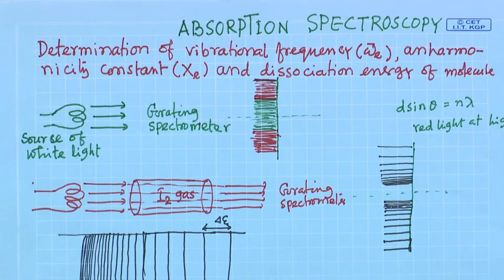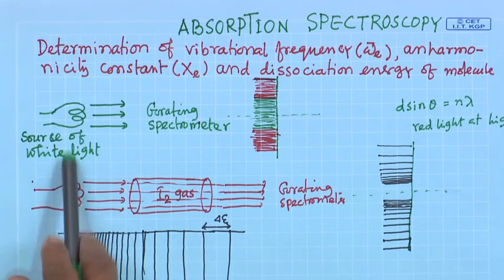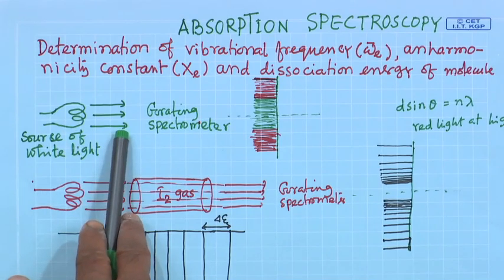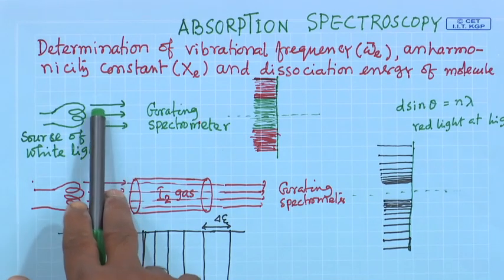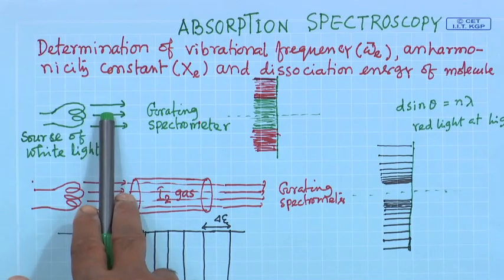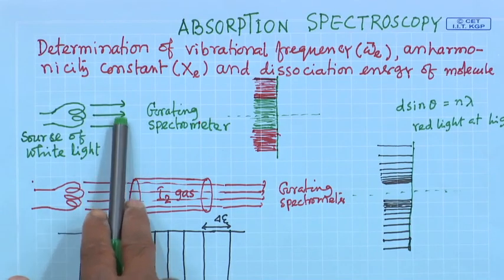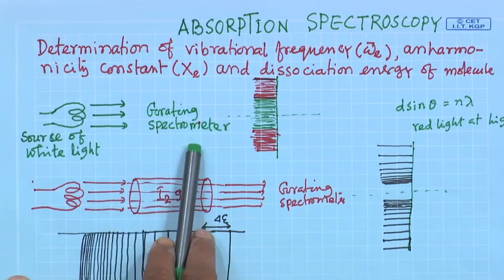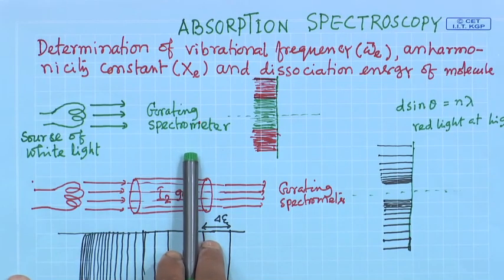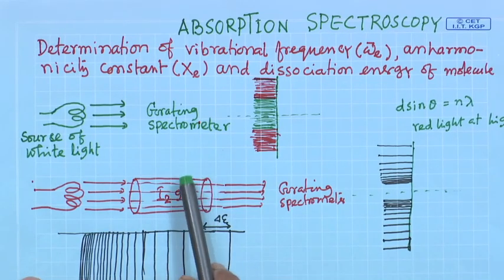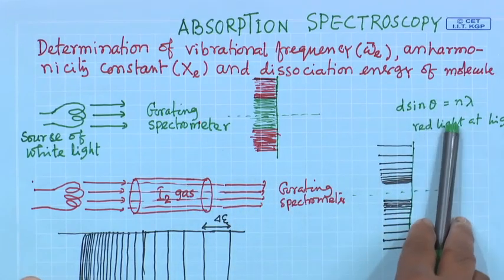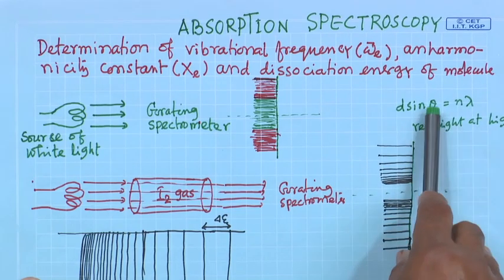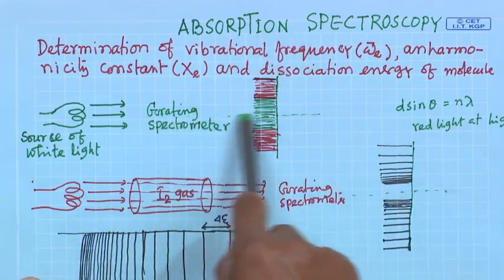Think that there is a source of white light, meaning all sorts of wavelengths are available in this light. Now, if you put this light in a grating spectrometer, what will you get? You will see diffraction, d sin theta equal to n lambda. Where the wavelength is higher, it will be deviated more from the direct light.